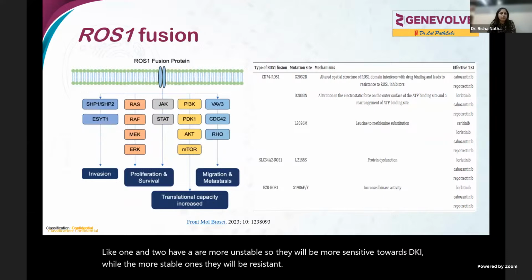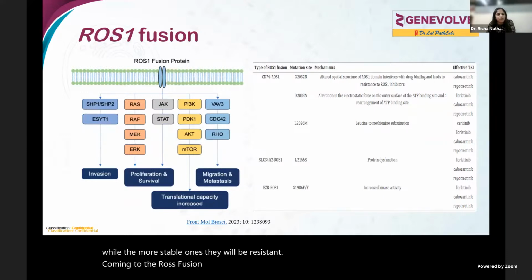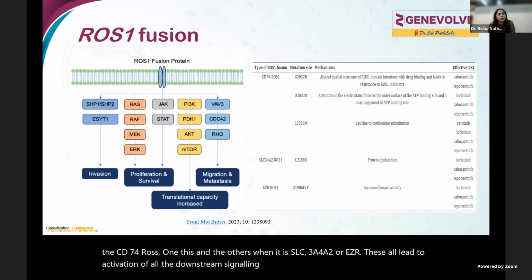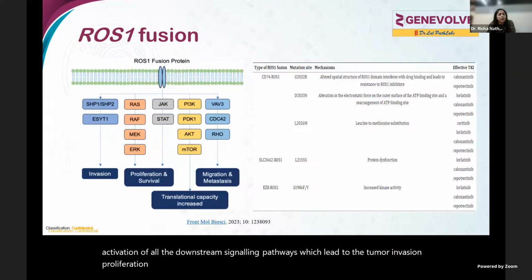Coming to the ROS1 fusion. ROS1, when it undergoes fusion with its commonest partners, CD74 and the others, SLC34A2 or EZR, these all lead to activation of all the downstream signaling pathways, which lead to tumor invasion, proliferation, survival, migration, metastasis, and also increasing its translational capacity.